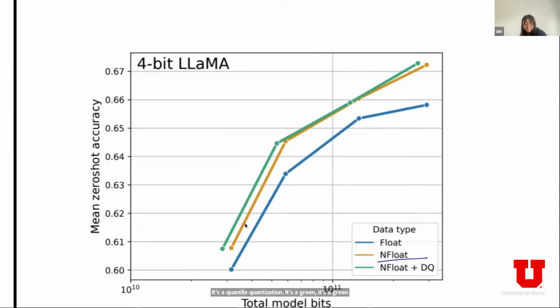So as we can see, the 4-bit double quantization can achieve better accuracy?